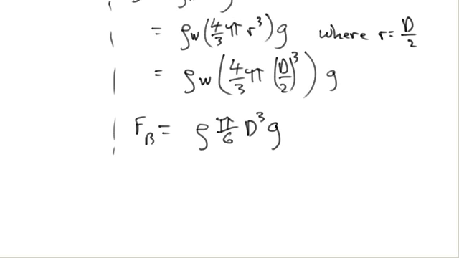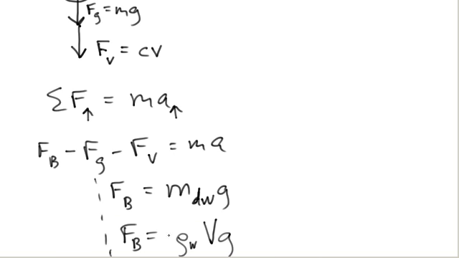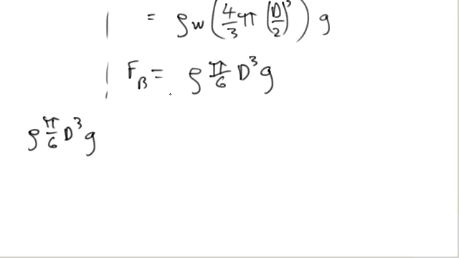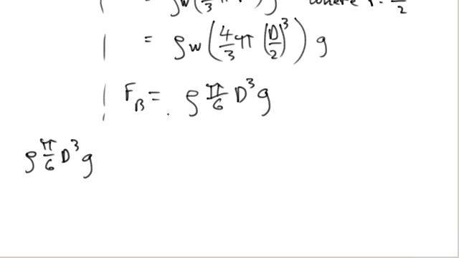So we got rho times pi over 6 d cubed g, that's FB, minus m, I'll just call that the mass of the ball, times g, minus c times the velocity is equal to ma.